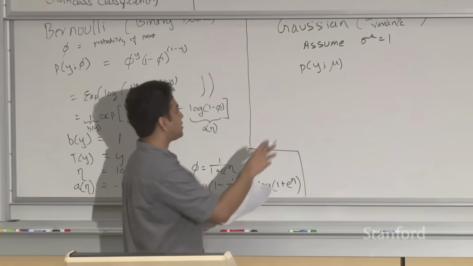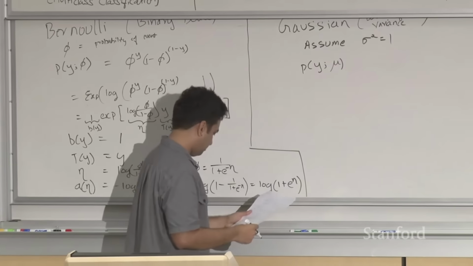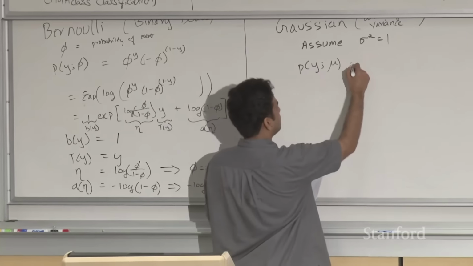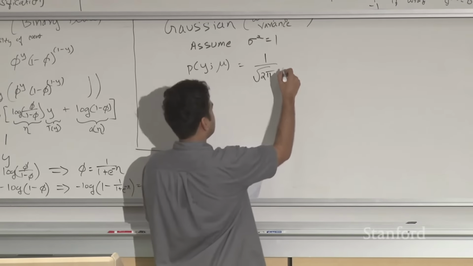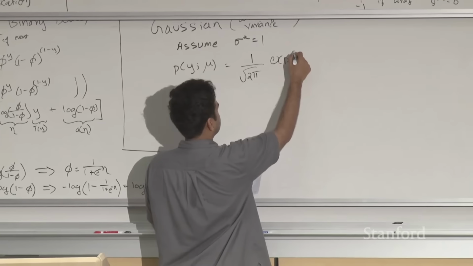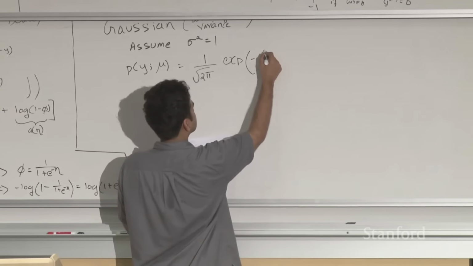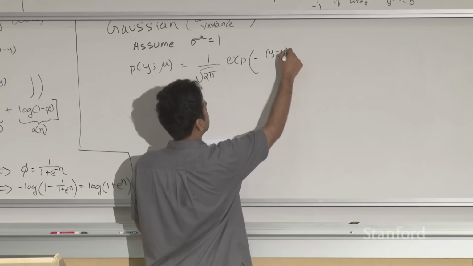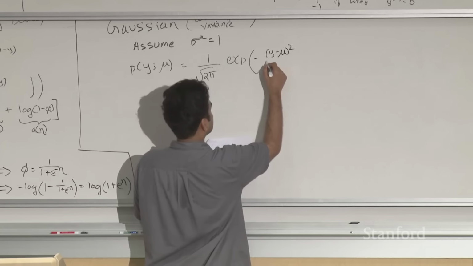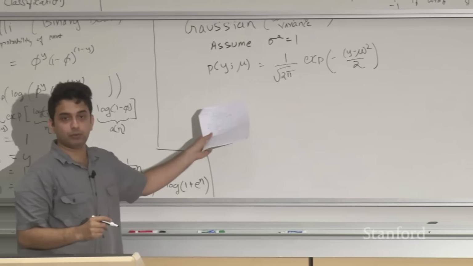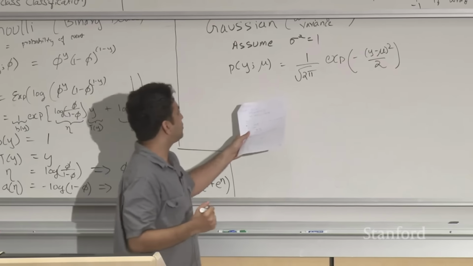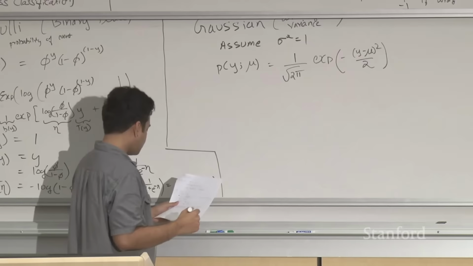So we're going to start with the canonical parameters. It is equal to 1 over root 2 pi, times e to the minus (y minus mu) squared over 2. So this is the Gaussian PDF with variance equal to 1.